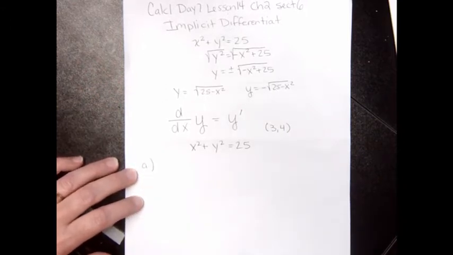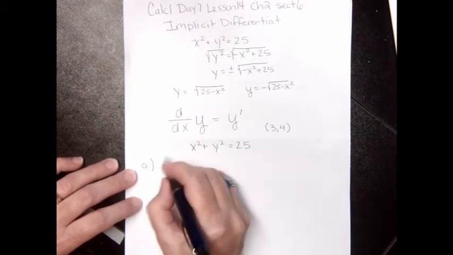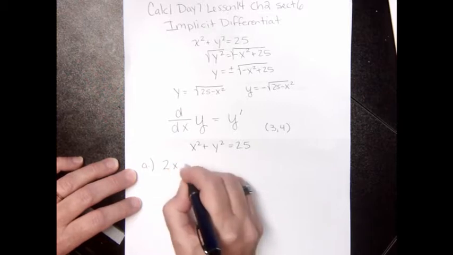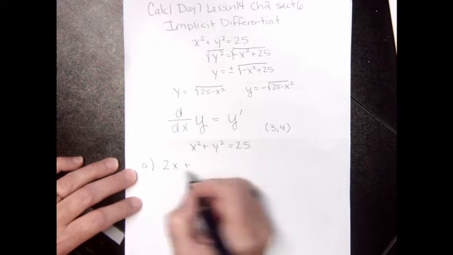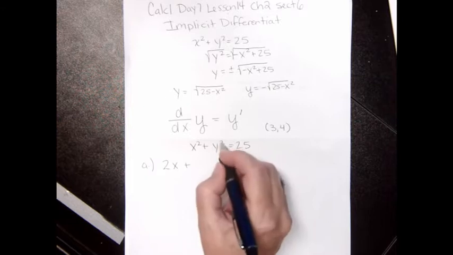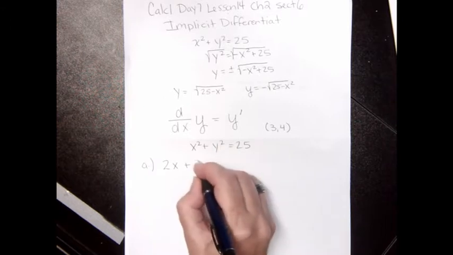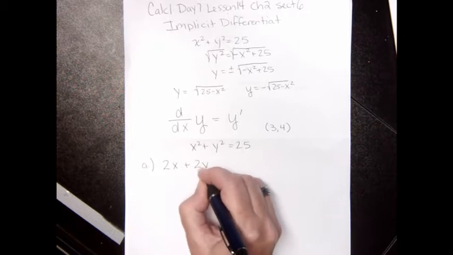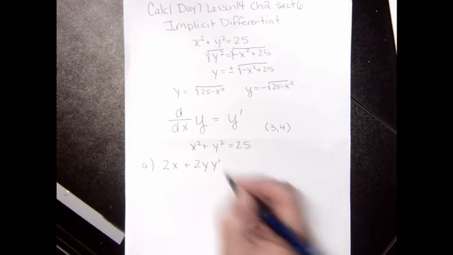Now, when I differentiate using implicit differentiation, I'm just going straight across. So I have 2x plus, because I'm differentiating with respect to x. Now, when I get here, there isn't an x, so this is a function of x in here. So I'm going to differentiate it by using my power rule, 2y to the first, and then the chain rule, differentiate the inside, y prime.